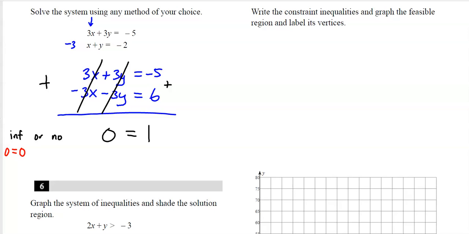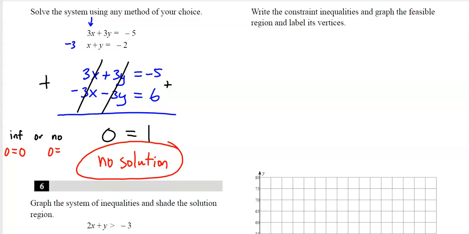That didn't happen here. When you have a false statement, like we have 0 equals 1, this is a no solution problem. 0, 0, infinite. No solution is 0 equals some other number. Doesn't really matter. So anytime you get 0 equals some number not 0, you know how to choose it.